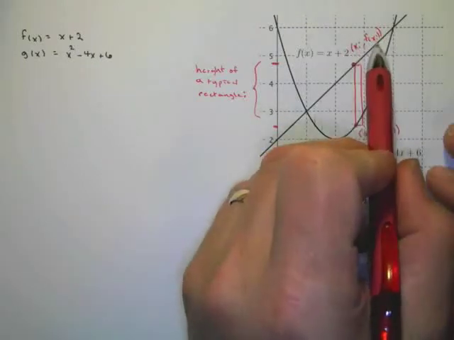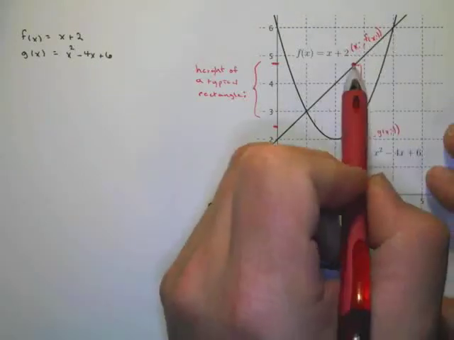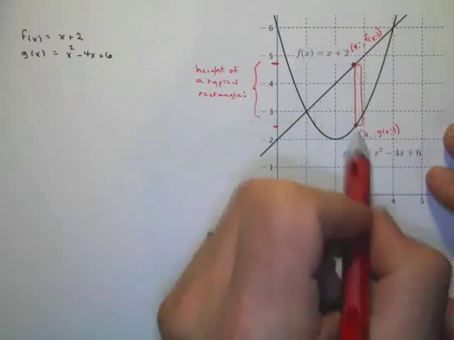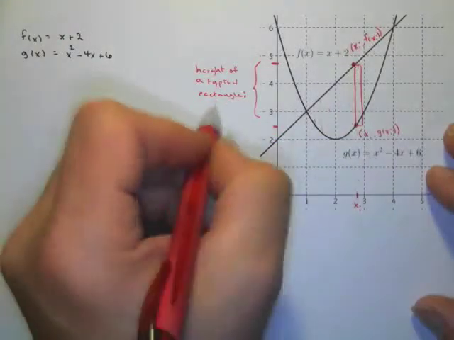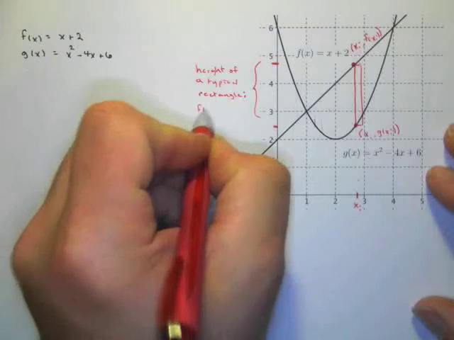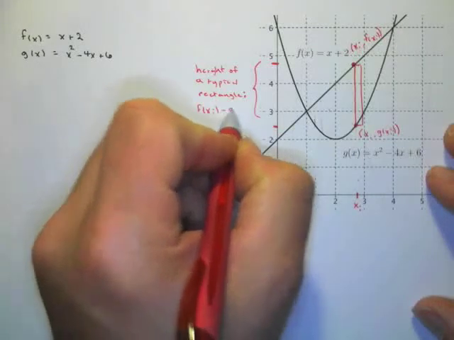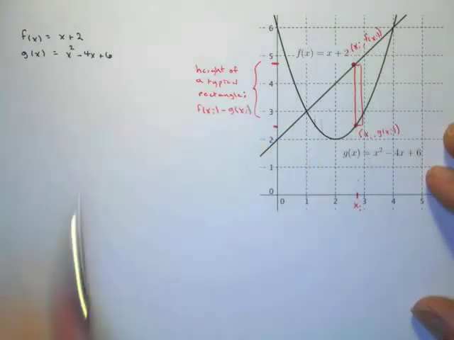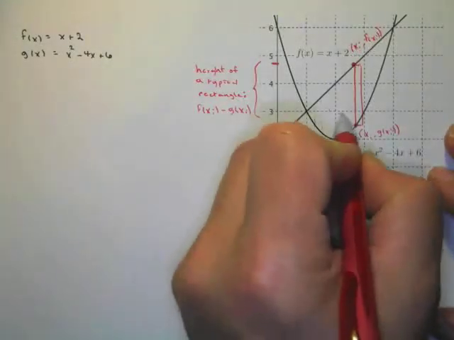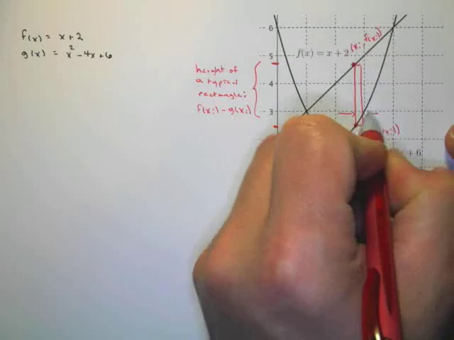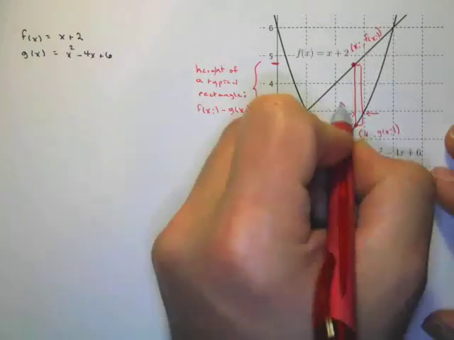But we do have this height right here. f of x sub i represents how high off the x-axis that point is. g of x sub i is the height of this point. So if I find the difference of those, f of x sub i minus g of x sub i, that's the height of this typical rectangle. Now, as we did when we were finding area underneath a curve, we need to consider the width of this typical rectangle, and we know that that's called delta x.